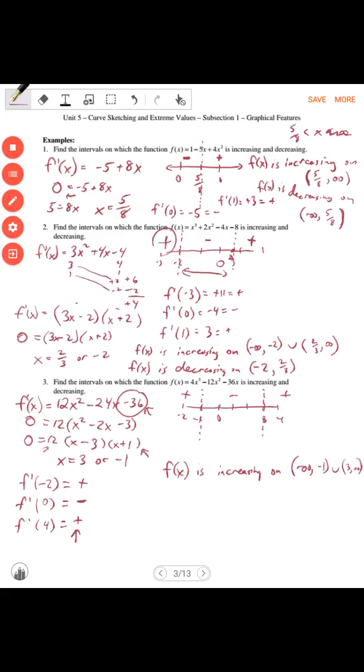Sorry guys, I'm getting close to the edge there. So 3 up to infinity, and f of x is decreasing on that middle interval, so from negative 1 up to positive 3. So negative 1 up to positive 3, and ta-da, there you have the intervals of increase and decrease for that one. Okay, one more.